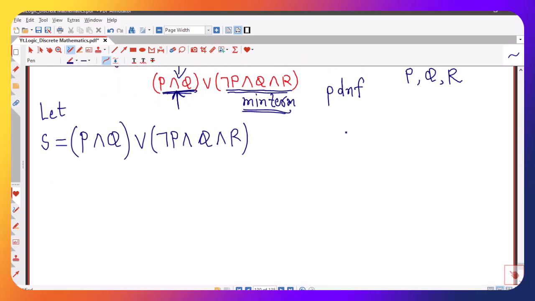Now we know that the principal disjunctive normal form is nothing but a disjunction of min terms only.